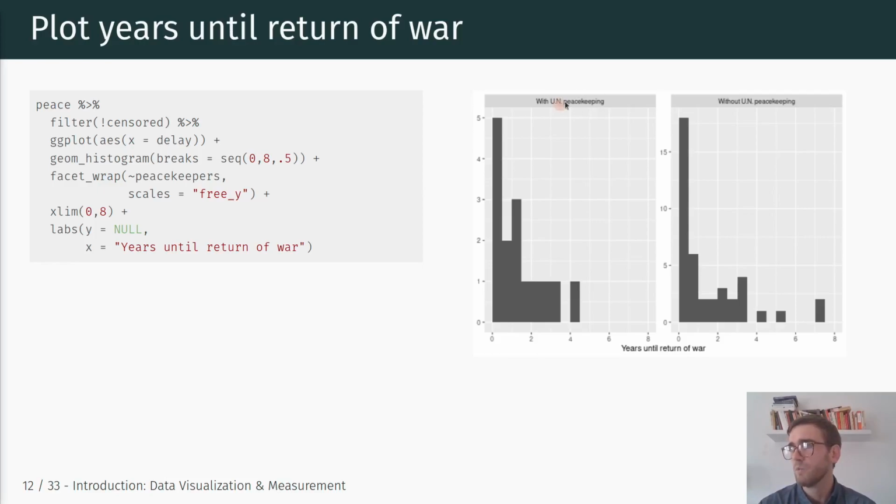And we see again with UN peacekeeping, of course, there's a smaller number of cases overall. But we see here the distribution of years until the return of war, and without UN peacekeeping, we see actually a couple of cases, this kind of outlier, so to speak, a couple of cases with longer duration until return of civil war.